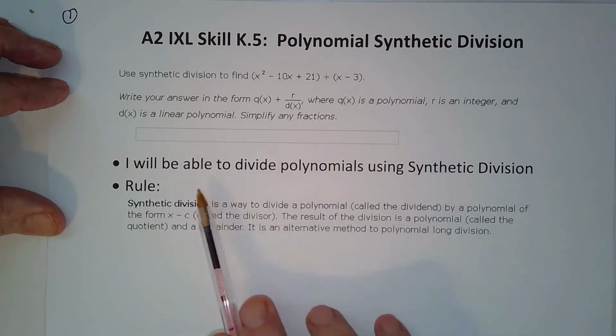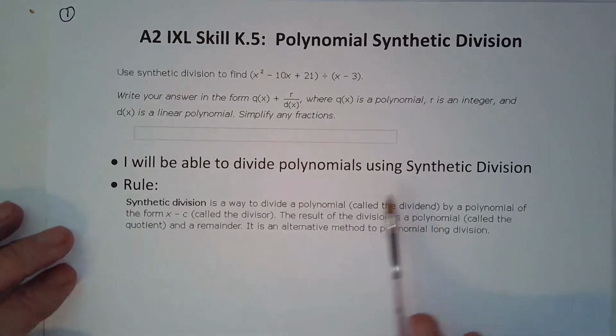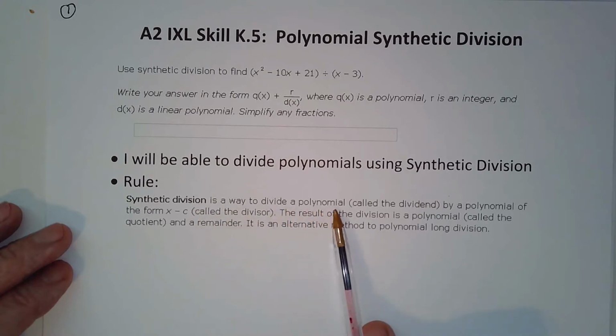All right. So you're going to be able to divide polynomials using synthetic division. And here's the synthetic division rule. Synthetic division is a way to divide a polynomial called the dividend.